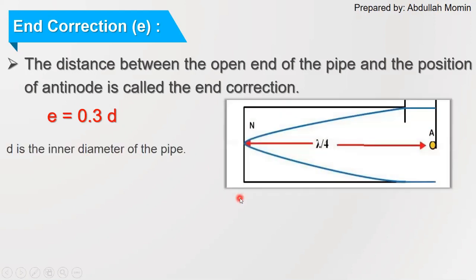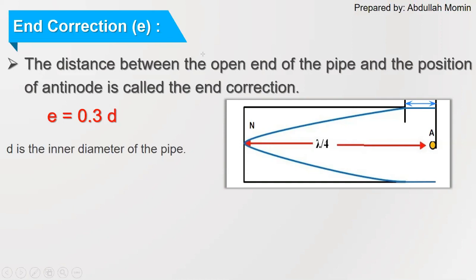We have studied this in detail in one of our previous videos, that end correction is nothing but the distance between the open end of the pipe and the position of the antinode.